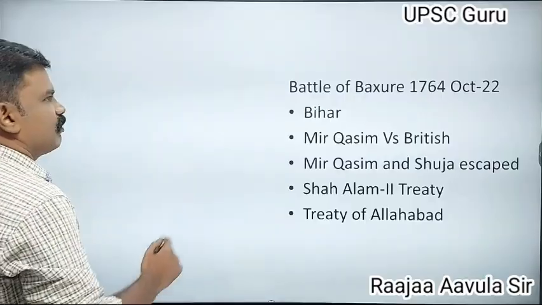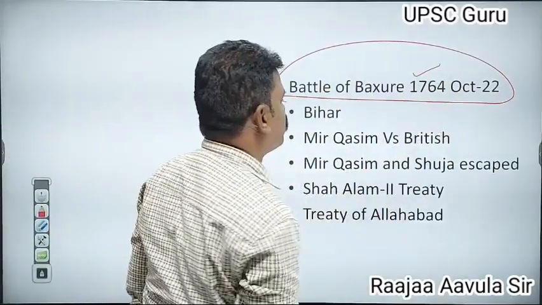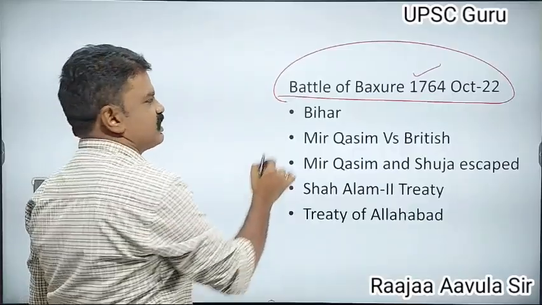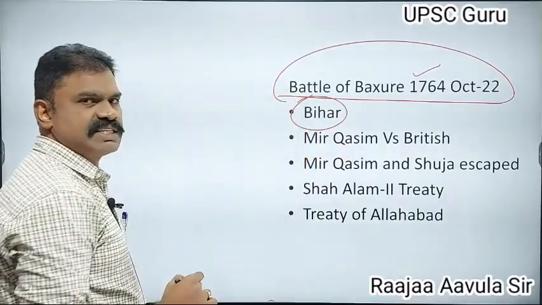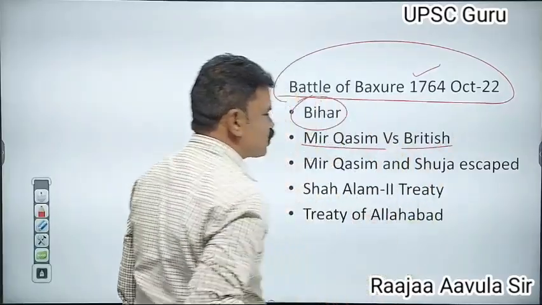Coming to the Battle of Buxar, it started on 1764 October 22. Buxar is situated in Bihar. It was a war between Mir Qasim and the British.